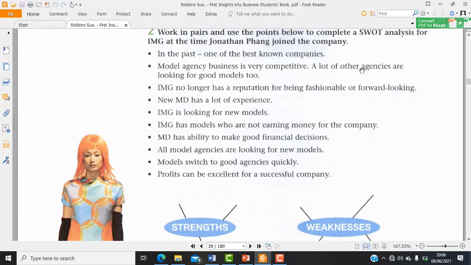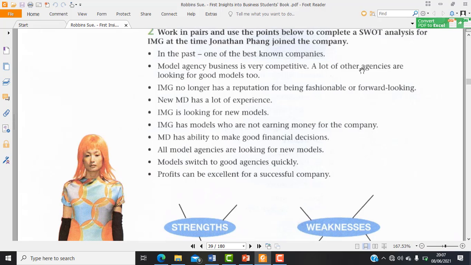Okay, now we go to the third. IMG no longer has a reputation for being fashionable or forward-looking company. I think this is weakness. Ini weaknessnya. Kenapa? Karena memang IMG itu udah lost reputation right now. Gitu ya. Itu so it becomes the weakness.